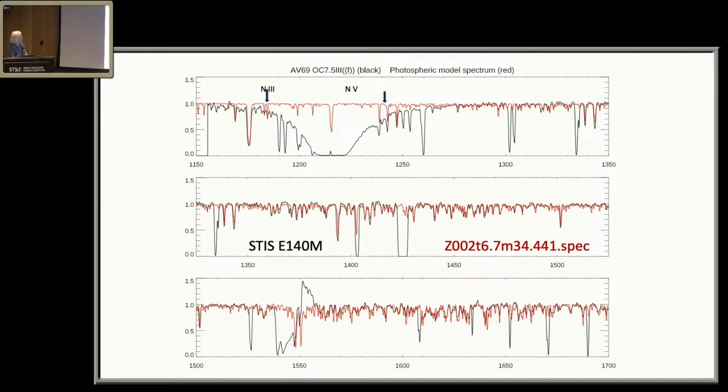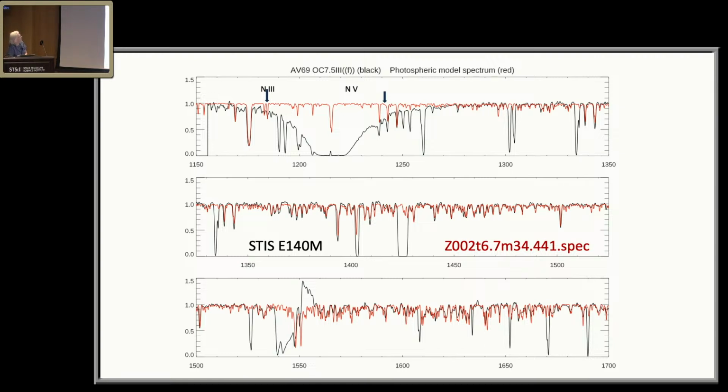This is the STIS shell spectrogram in black, and in red is our model of it. All of the black are observed absorption lines that the model doesn't match. Those are interstellar lines.